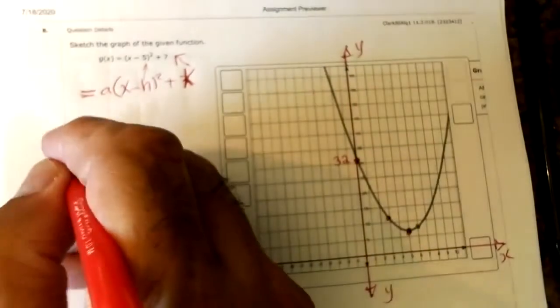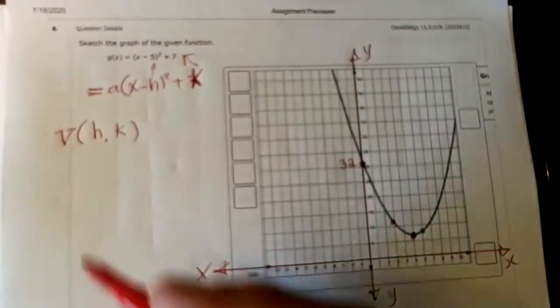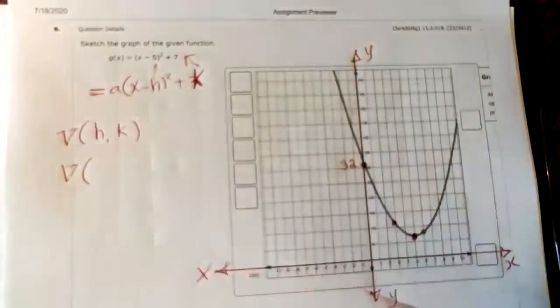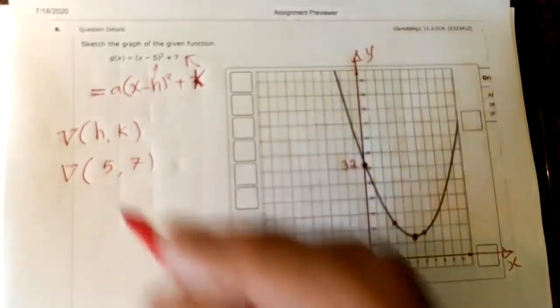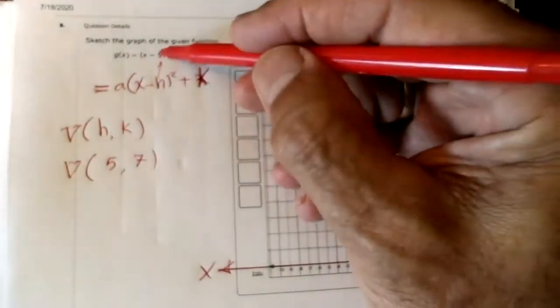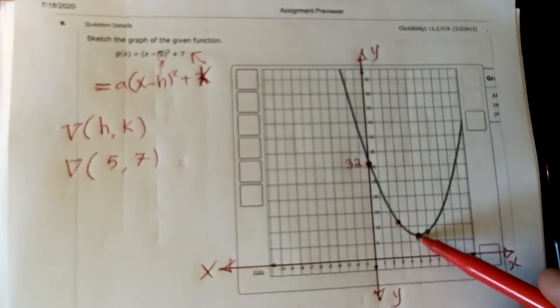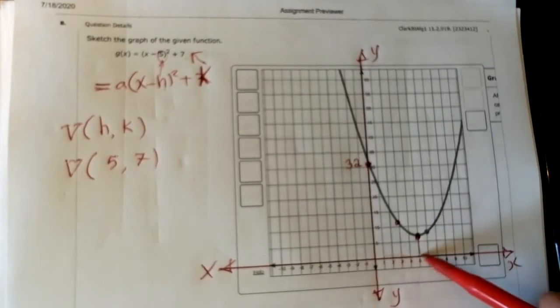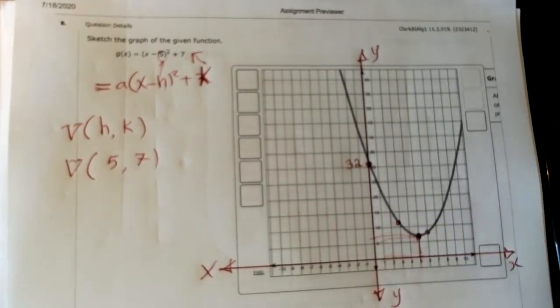So what are the coordinates of the vertex? h and k, which is 5 and 7. You see? 5 and 7, which are the coordinates of this point. You could verify that. X is 5, from here to here is 5, and the height is almost 7.